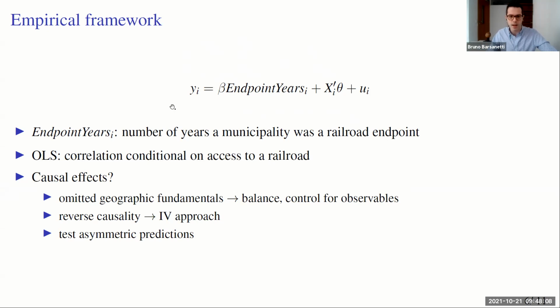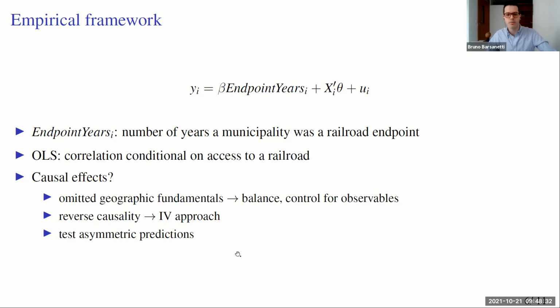So note that my whole sample consists of towns that are at the railroad. So this is our correlation conditional on eventually getting some access. And I'll first show OLS results, and then we will start to think of whether maybe these OLS results might be biased and not reflect the causal effects.